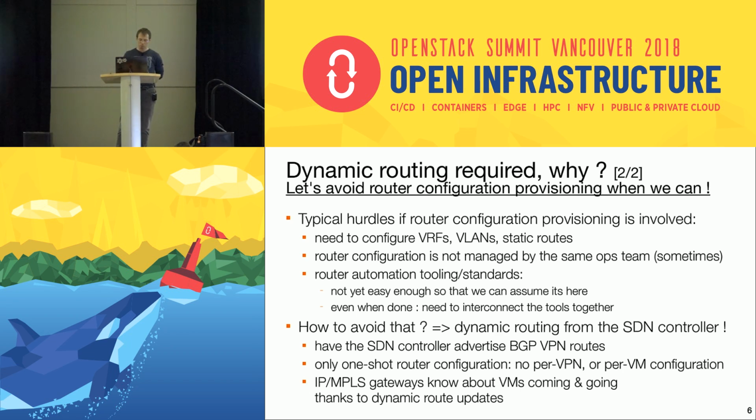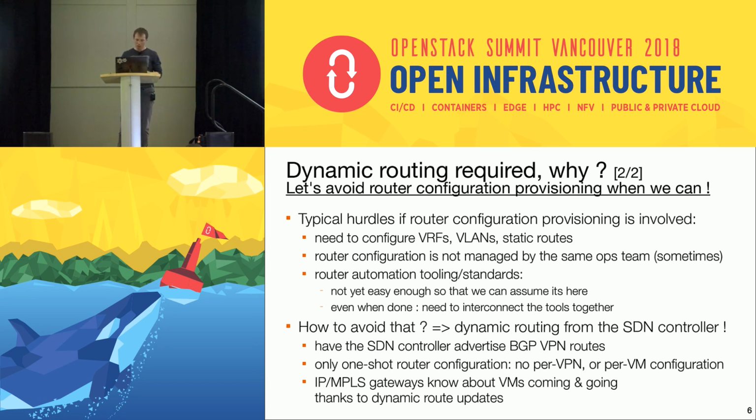By having the SDN controller advertise BGP VPN routes. In which case, it will be sufficient to have one-shot configuration on the router without per-VPN or per-VM configuration. So when a new VM is introduced, for instance, dynamic routing is sufficient to let the gateway, the router, be aware of this new destination without having to interact with the router configuration. So dynamic routing instead of hard-to-automate router configuration.